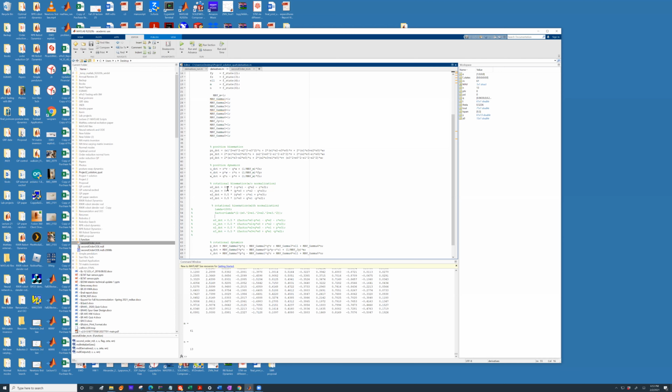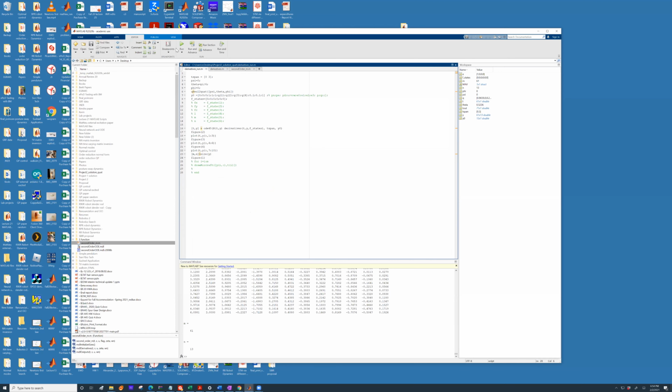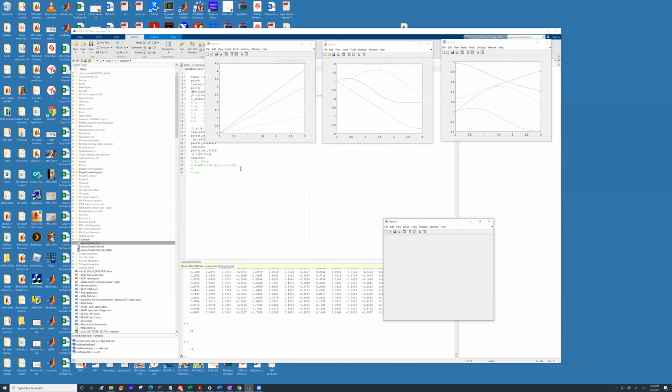And then save and then run. And then you will get similar plots. And even though in this particular case, this is just the ideal integration, that's why we don't see normalization playing a big role. But I would strongly recommend that you normalize your quaternion at every step.